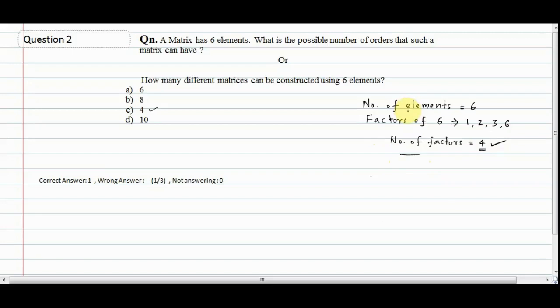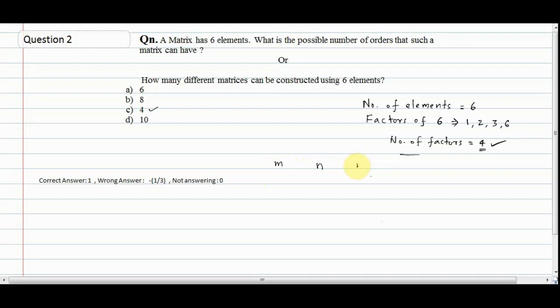Just consider the number of elements of the matrix, then find the factors of that number, and count the number of factors. That will be the answer. Okay, now let's see what the possible orders for this matrix are. Let's consider the number of rows as m and the number of columns as n.